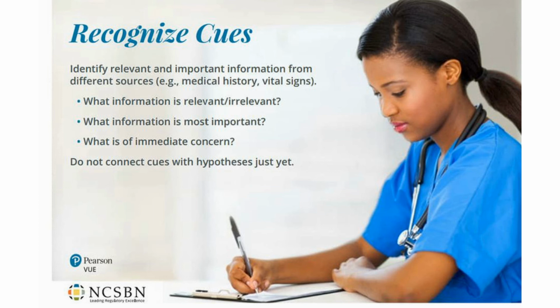What information is relevant? What information do you not need? What information is most important? What is of immediate concern? So questions that are concerned with this are questions that say most likely or most, those type of questions. All right?